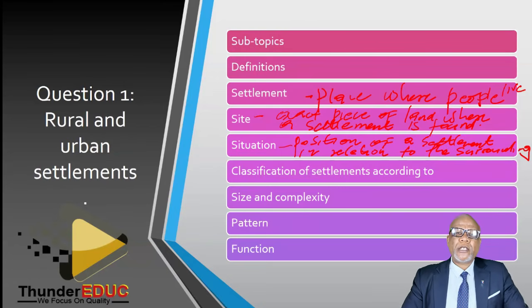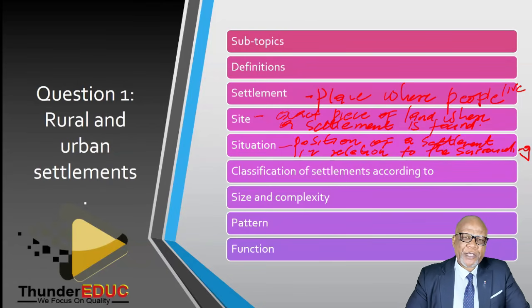So for an example, if I say a settlement is found at the bottom of the valley, I'm giving the situation there. I'm saying it's situated on top of the valley, which means on top of the mountain. It means you have to go to the mountain first. So I'm giving you a situation of that particular settlement.